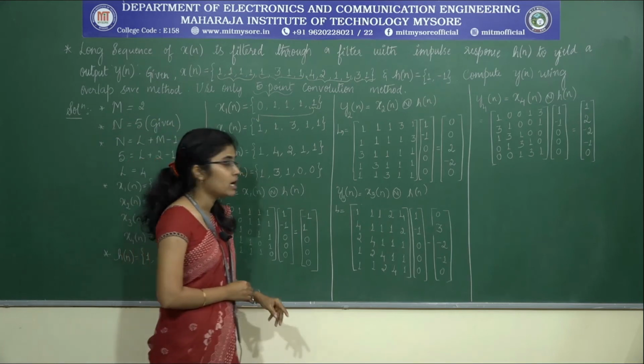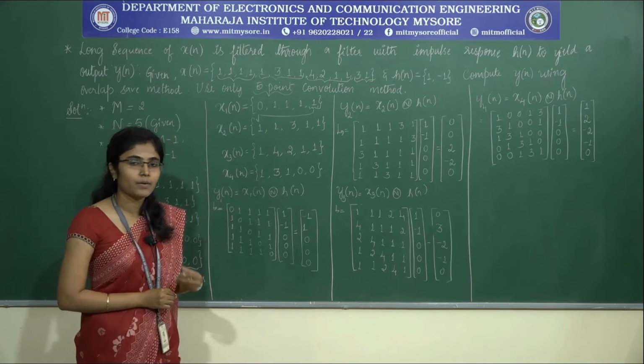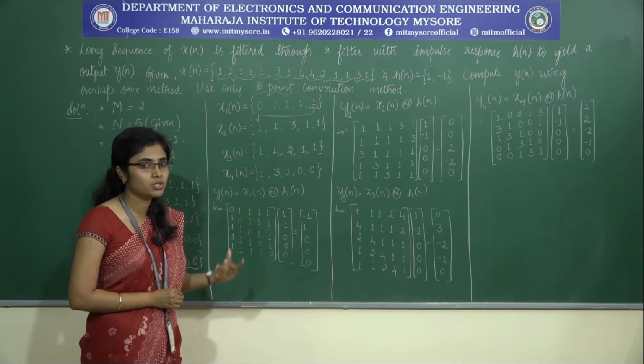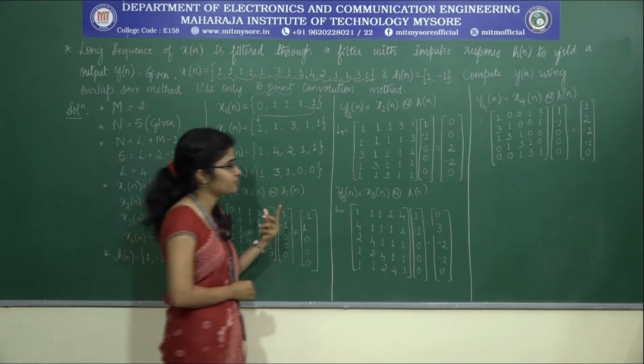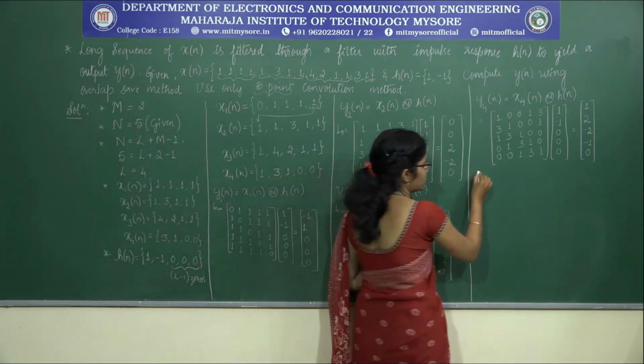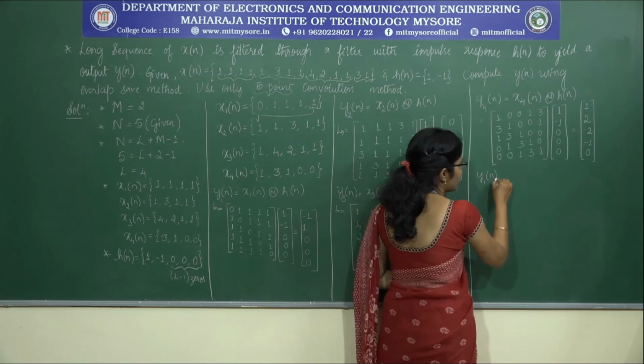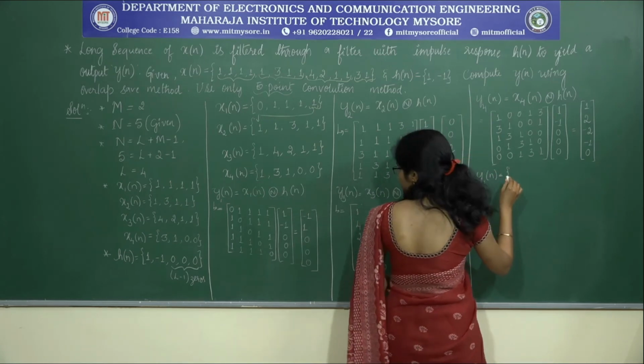Now what I need to do? I need to discard m minus 1 samples from each output sequence. For that first let us tabulate the output, that is y1 of n is equal to, what is the sequence which we got?